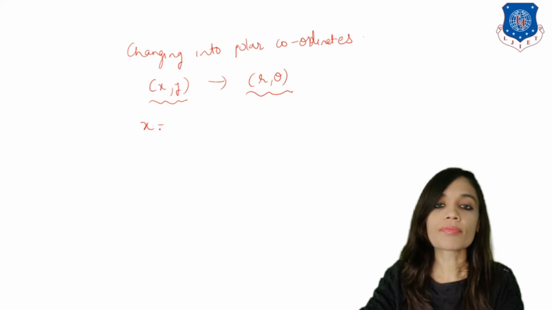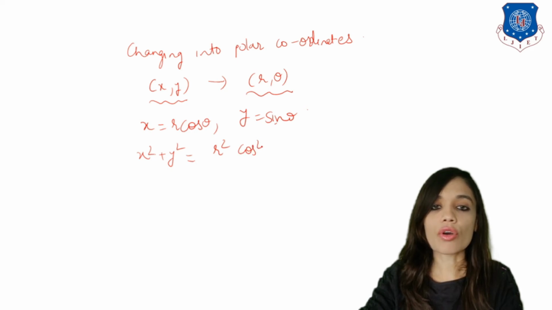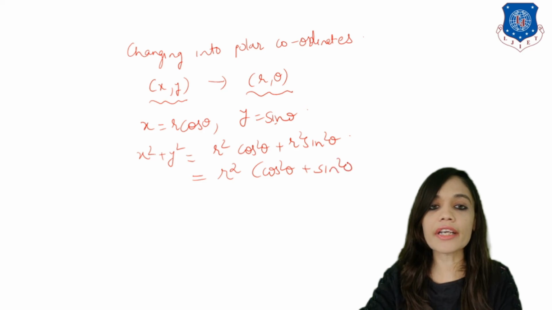By assuming x as r cos theta, y as r sin theta. So from this, x square plus y square is equal to r square cos square theta plus r square sin square theta, which is r square times cos square theta plus sin square theta. So finally your x square plus y square will be r square.